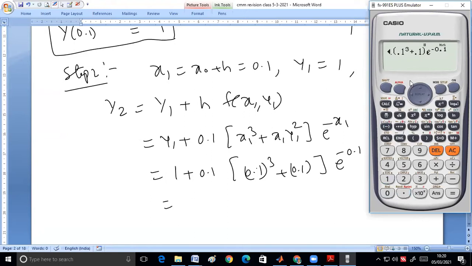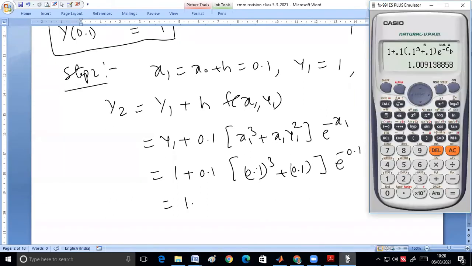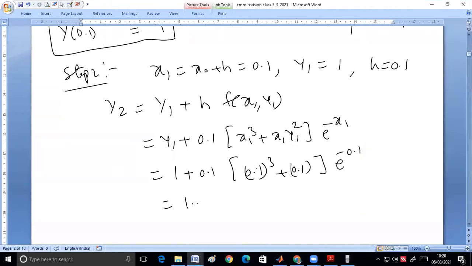So calculate the value, you can observe whether it is correct or wrong. Okay, correct. Now the value is 1.0091. So y2 is nothing but y of 0.2.